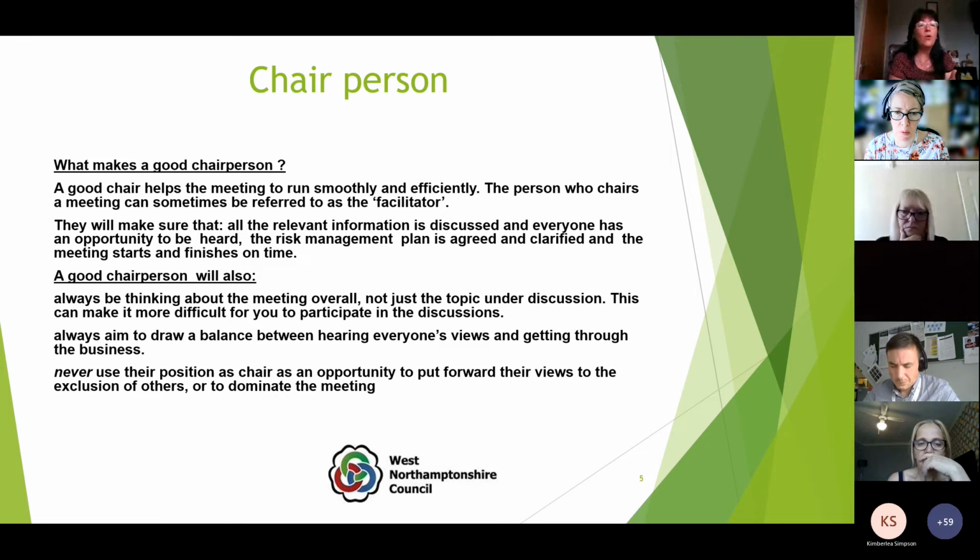Also, a good chairperson will always be thinking about the meeting overall, and making sure that you're bringing everybody into it. So sometimes it's hard for a chair to be able to participate fully in the discussion, because sometimes it is about just making sure that you're pulling everybody else together within that meeting.